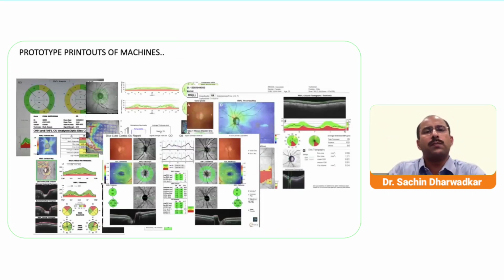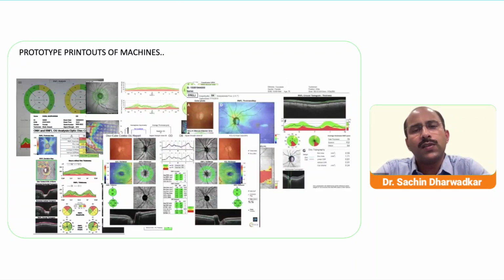Now, as far as printouts of machines are concerned, it is also very important for us to know, because the moment a machine is sold to us, we see there are 10 different representations that are possible. We have to understand the basic rationale of which printouts really matter to us. Most of the time, the examiner or the ophthalmologist is not the person taking the scans.